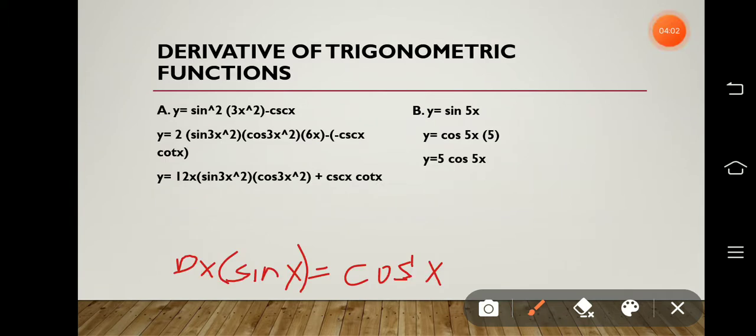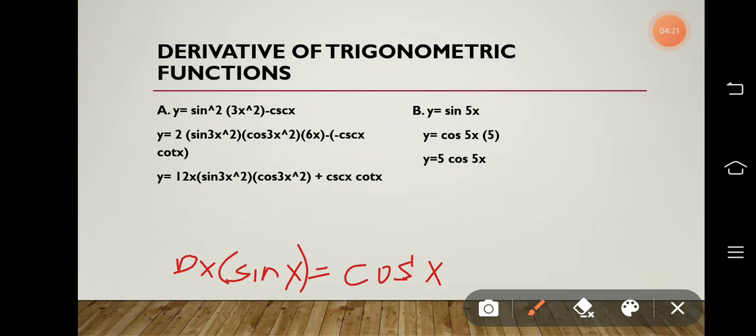Okay, let's go to the derivative of trigonometric function. The first given is y equals sine squared of the quantity 3x squared minus cosecant x. The derivative of the trigonometric function sine x is d/dx sine x equals cosine x.